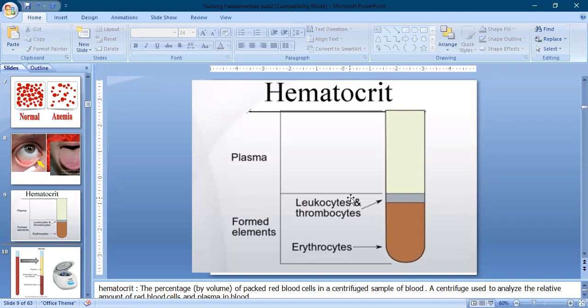Hematocrit is the percentage of packed red blood cells in a centrifuged blood sample. So it is the percentage of the packed red blood cells, right? A centrifuge is used to analyze the relative amount of red blood cells in relation to the plasma.